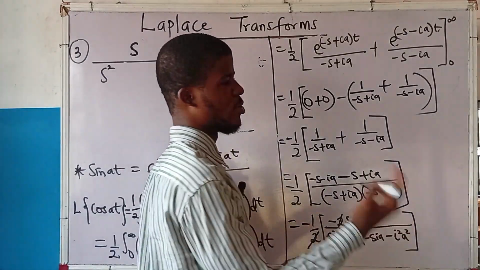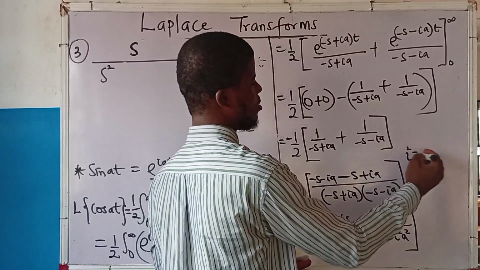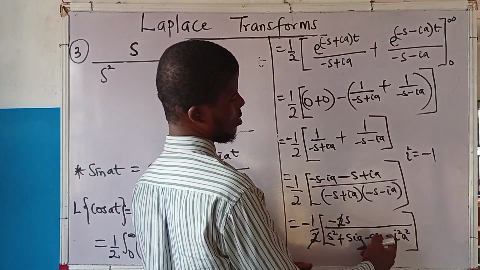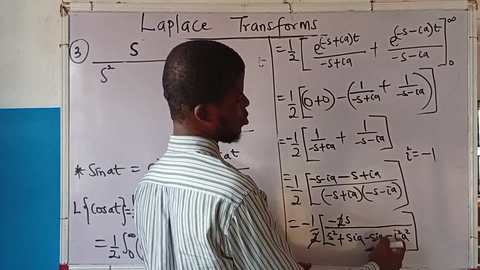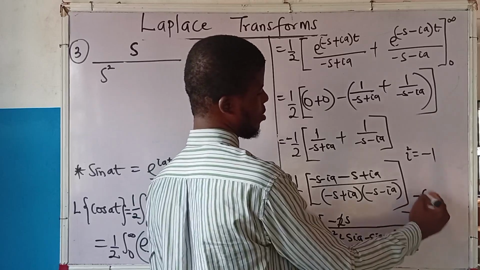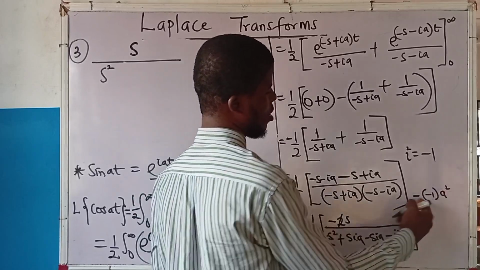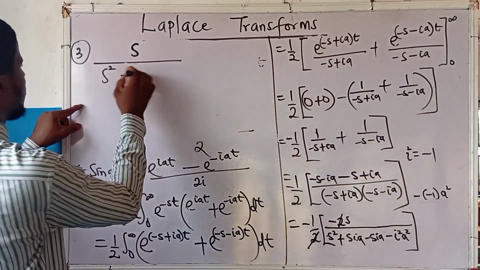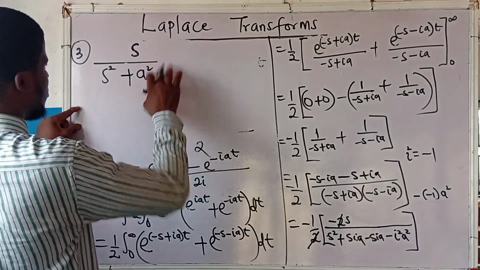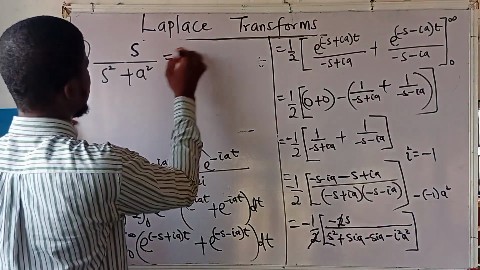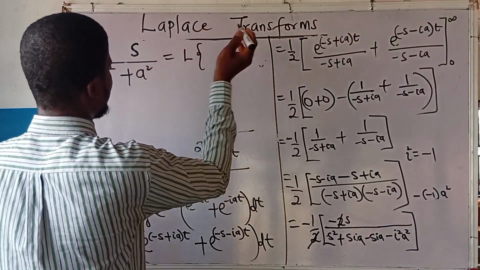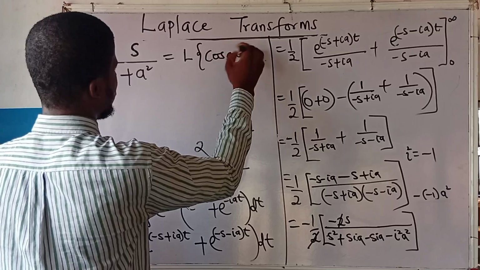i squared, in complex numbers, i squared is minus 1. So this is now minus 1 times a squared, minus 1 a squared. And what does this give me? Plus a squared. So this is plus a squared. And this is actually the Laplace transform of f of t when f of t is cos at.